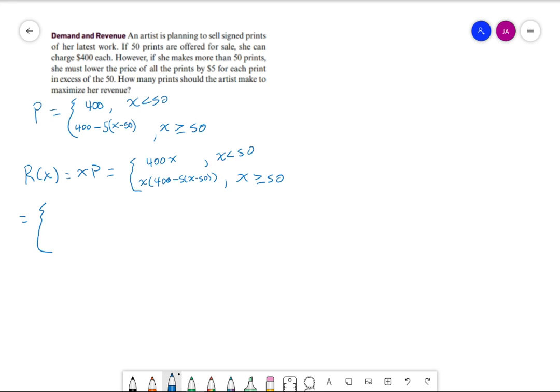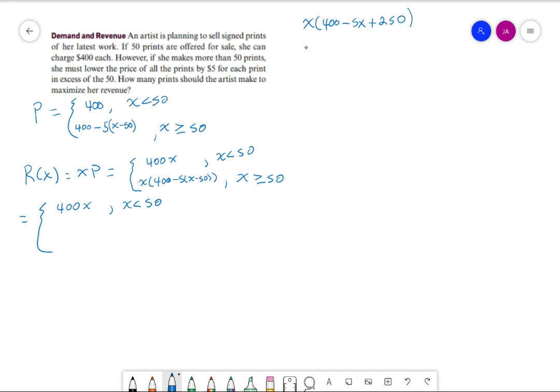And so let's actually clean this revenue function up for ourselves, because of course if we're trying to maximize revenue, that means we're going to have to do some derivative tests. And so the top one's perfectly fine, 400x when x is strictly less than 50. Whereas down below we have, I'm going to just do a little side work over here, x times 400 minus 5x plus 250.